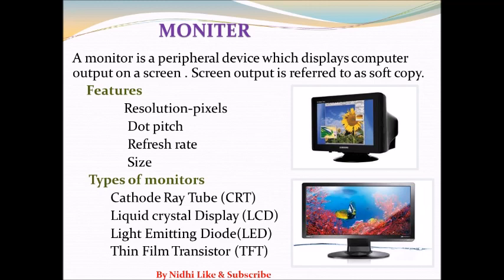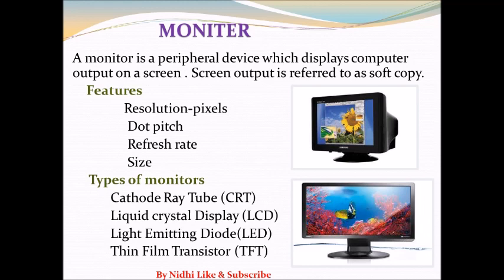What are the features of a monitor? Resolution, the quality of the image in pixels; dot pitch, which relates to how many pixels are on the screen; refresh rate, which means how fast the screen is changing; color combinations; and size. These are the features that measure the quality of a monitor. Various types of monitors are CRT based, liquid crystal display, light emitting diode and thin film transistor monitors, all also known as visual display units.